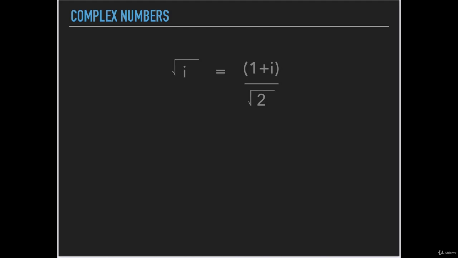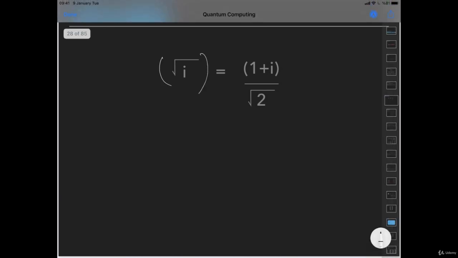Try to take the square of the left hand side and the square of the right hand side and try to see if they are equal. And by equal I mean if they're going to be equal to i, obviously, because if you just take the square of the square root of i, it will be equal to i, right? So pause the video and try to do this on your own.